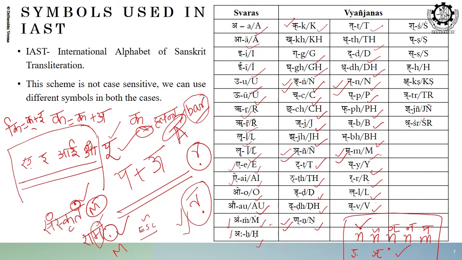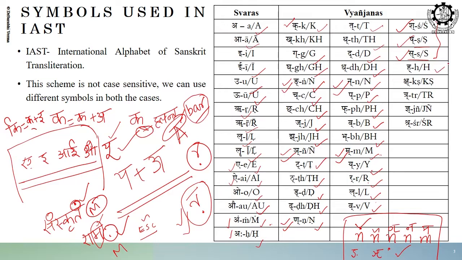After this we have three shakaras: Talavisha, Murdhanisha and Dantisa. The Talavisha is s with a slash, then Murdhanisha is s lower dot because we put a dot just below it. Then dental sa, or Dantisa, is simple s with no other marker.